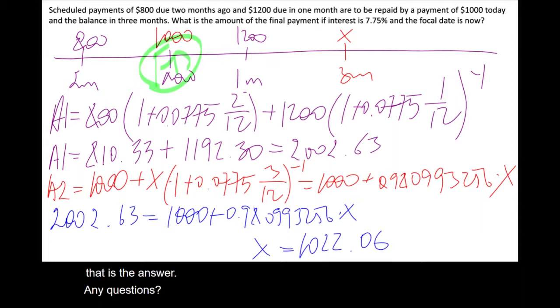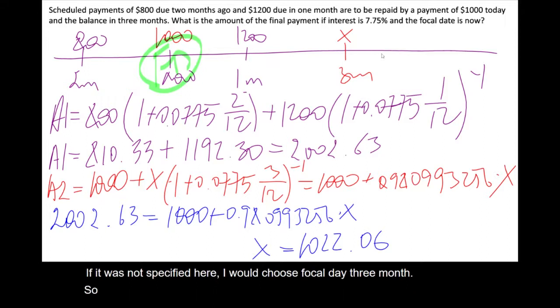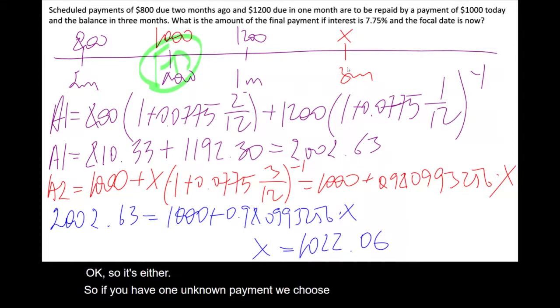Well, first of all, we have guidelines about how to choose the focal date. If it was not specified here, I would choose focal date 3 months. If you have one unknown payment, we choose the focal date of the unknown payment.